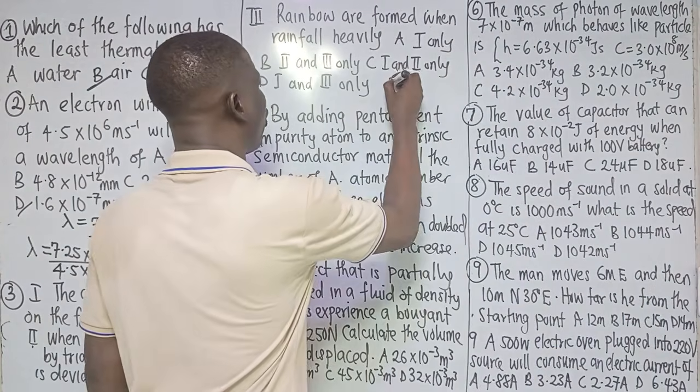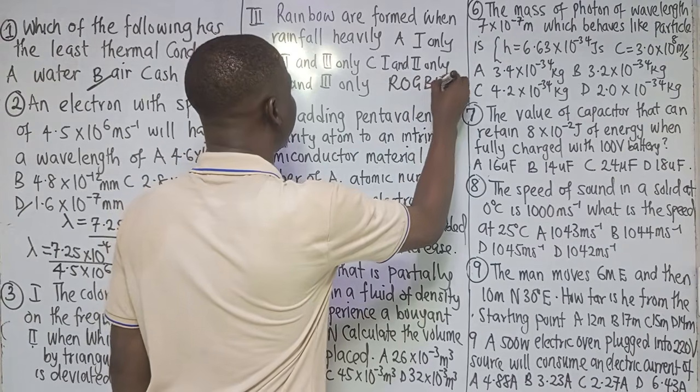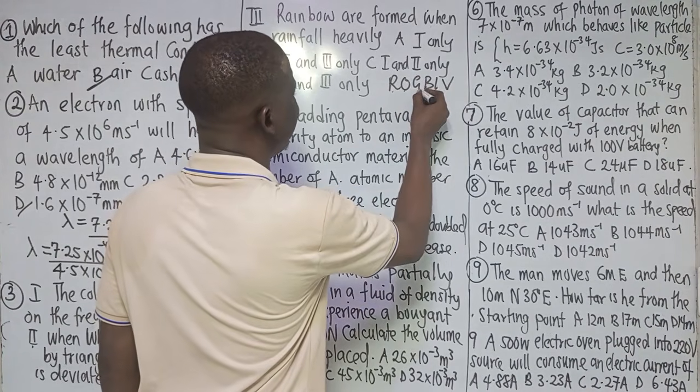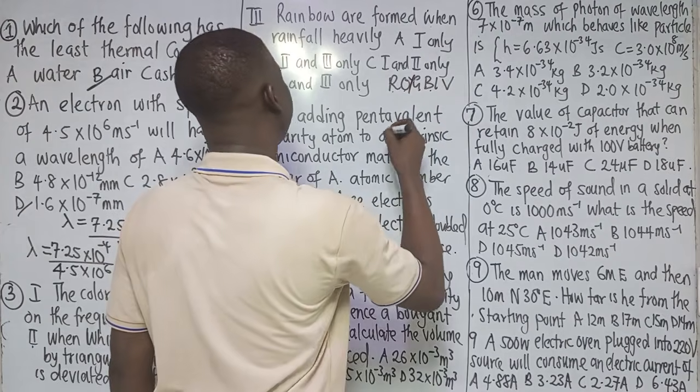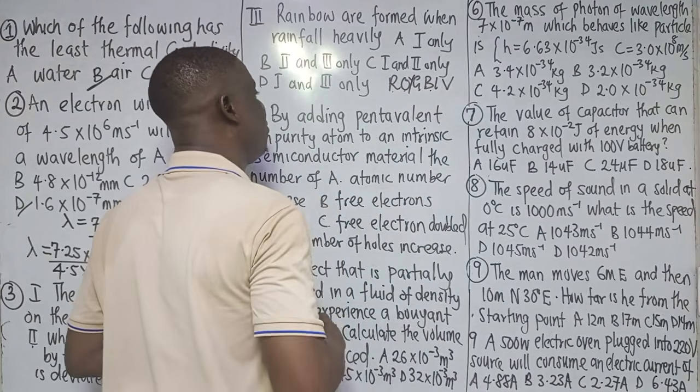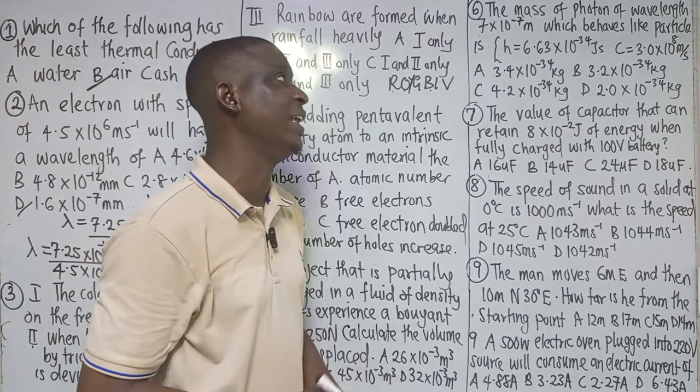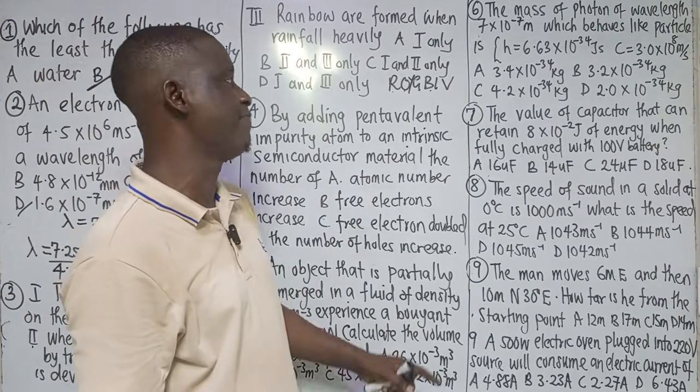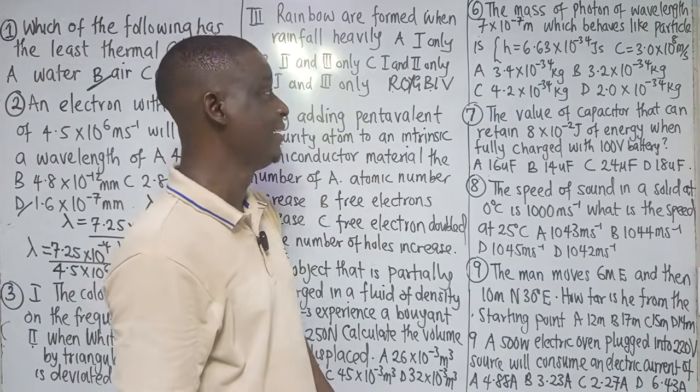Now, we have what I coin as Roy Beef. It means red, orange, yellow, green, blue, indigo, and violet. Violet deviates more than red.